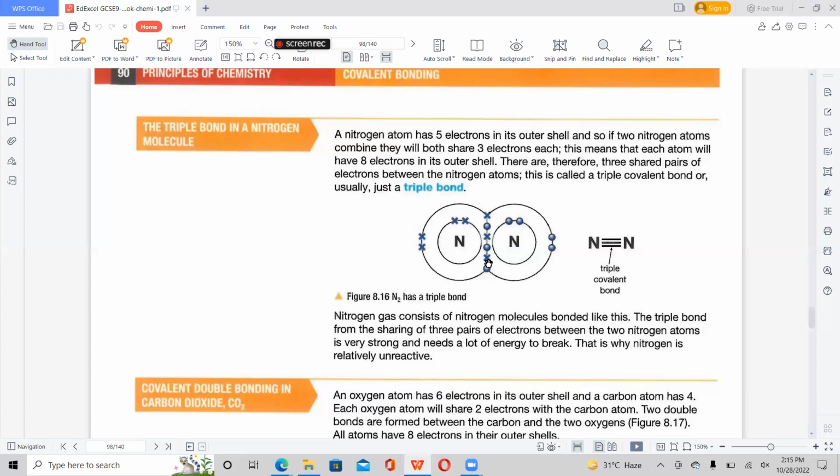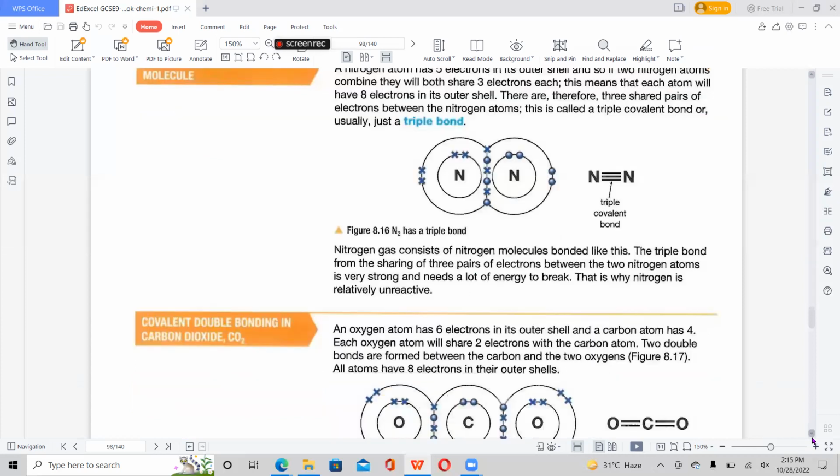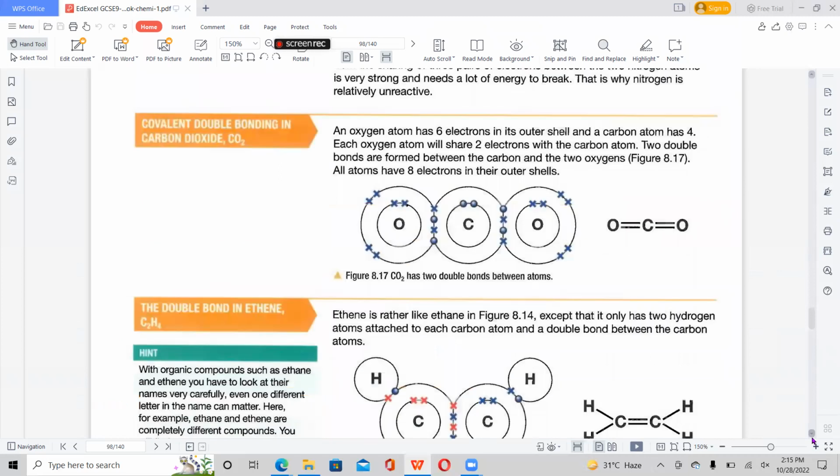If hydrogen came, hydrogen would have to act as positively charged. But in this case, both need three electrons, so they share a triple bond between them. Nitrogen gas consists of nitrogen molecules bonded like this. That is how the triple electron pairs are shared between two nitrogen atoms, and that is how they attain stability.